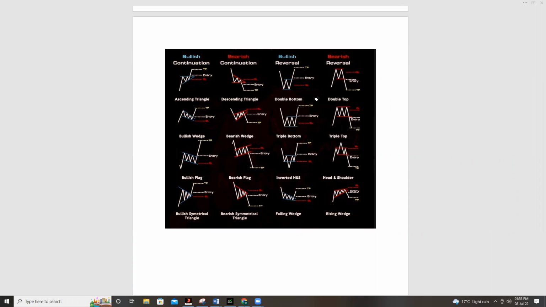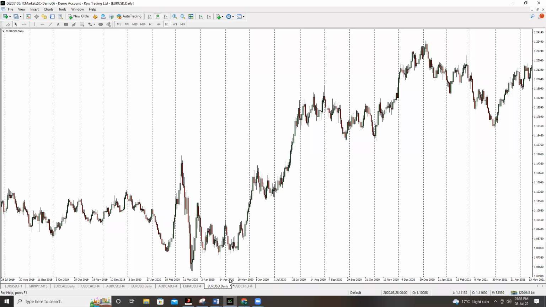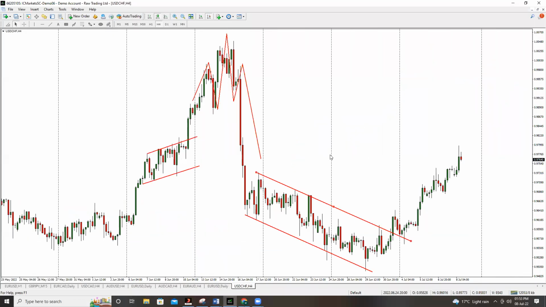Now, how do you draw them, or how do you identify them on your chart? When you open your chart, it can be on any time frame, but they are heavier, or stronger, or more probable, if you spot them on a higher time frame.